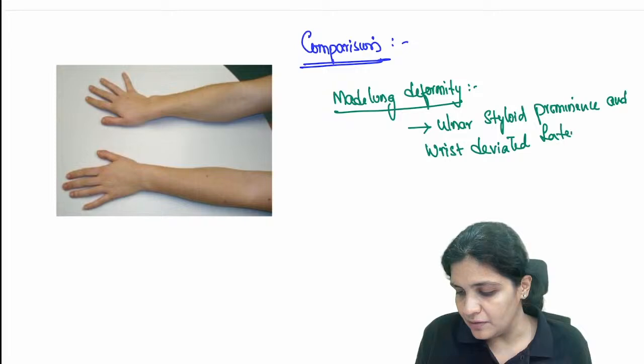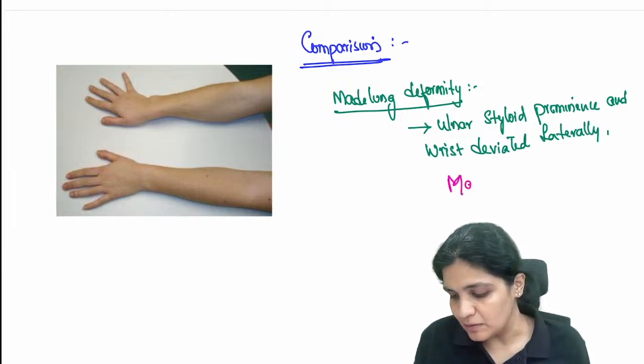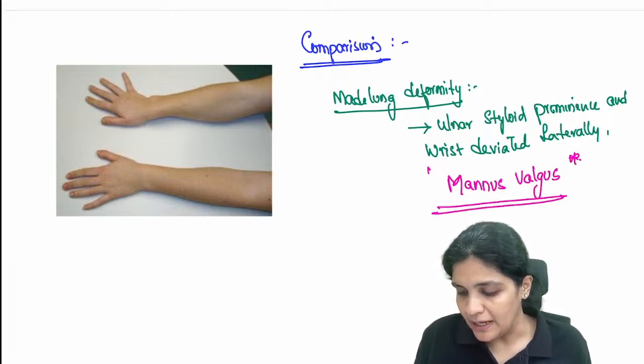That is what you can find out, right? So this is the deformity you will put, and this is called as manus valgus.